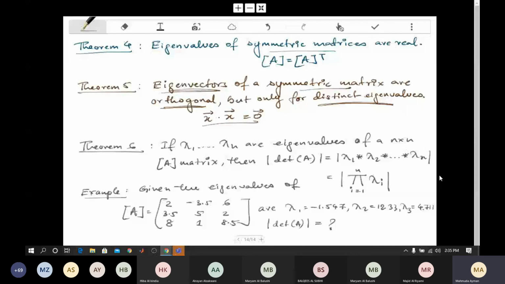Okay, we have 89.88 or 89.86. Yeah, those are correct answers. So here we have the absolute value of 1.547 times the absolute value of 12.33 times the absolute value of 4.711, which will give you 89 point something.